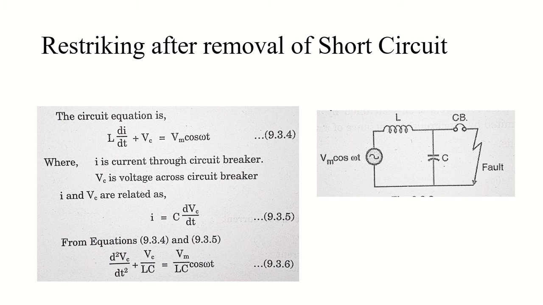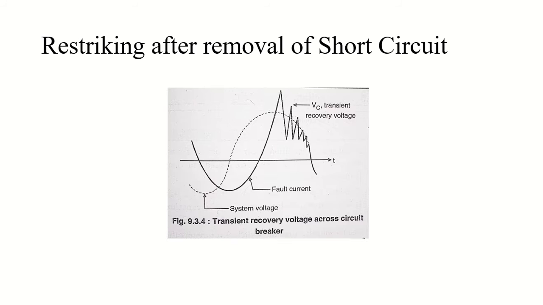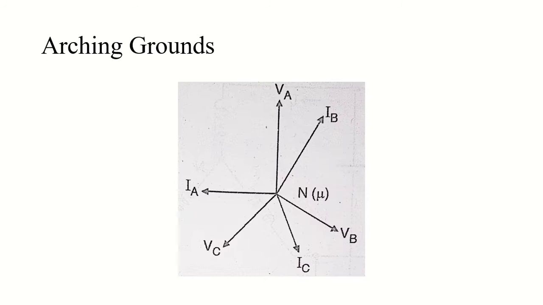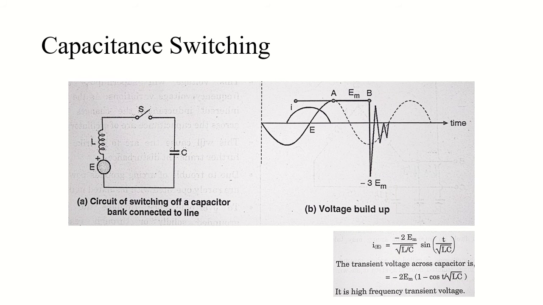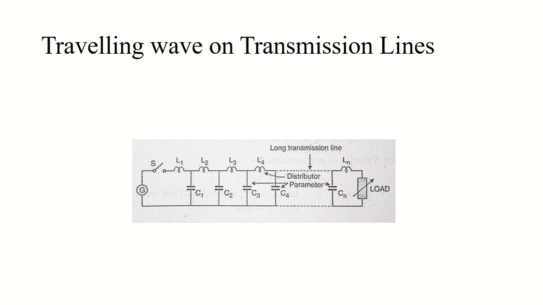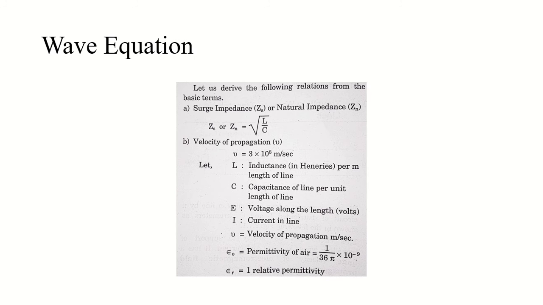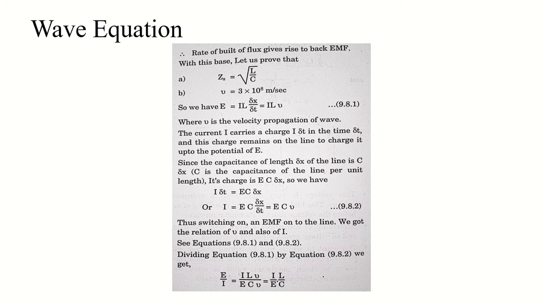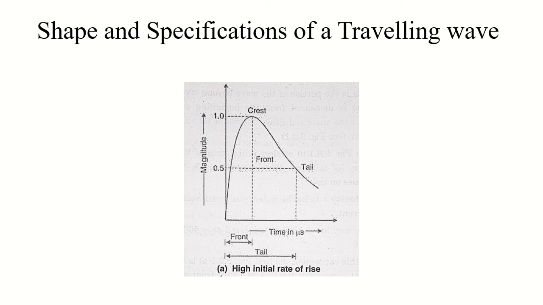We have done its analysis, and then we have seen arcing grounds in the previous class. We have also seen capacitance switching, current chopping, and wave equation in the previous class. And in the last topic, we discussed the traveling wave on transmission line with its specifications and its shape.